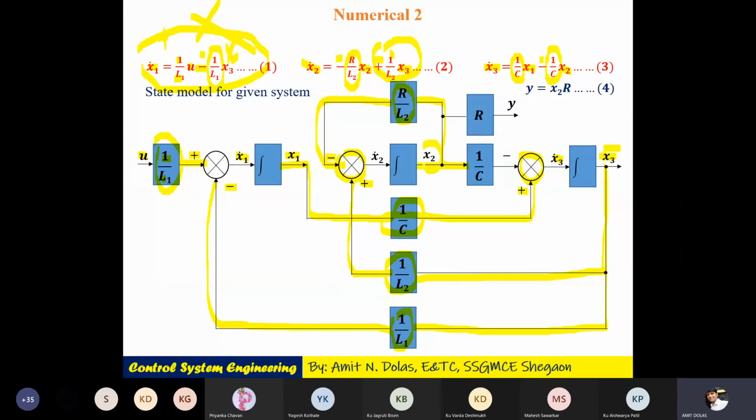Here is x2, passing through the 1/c element with a minus sign. Done. x3 dot is also done.